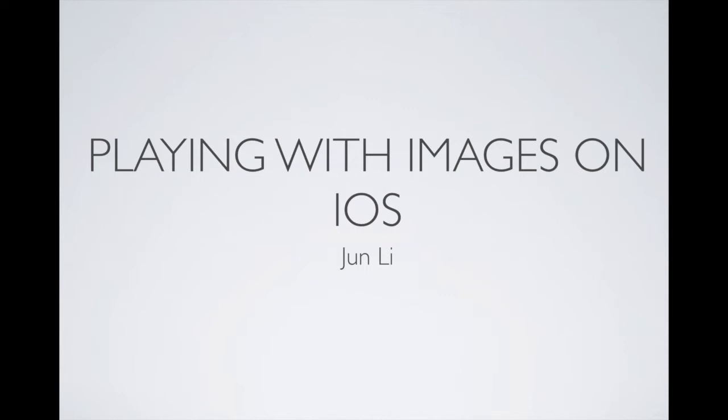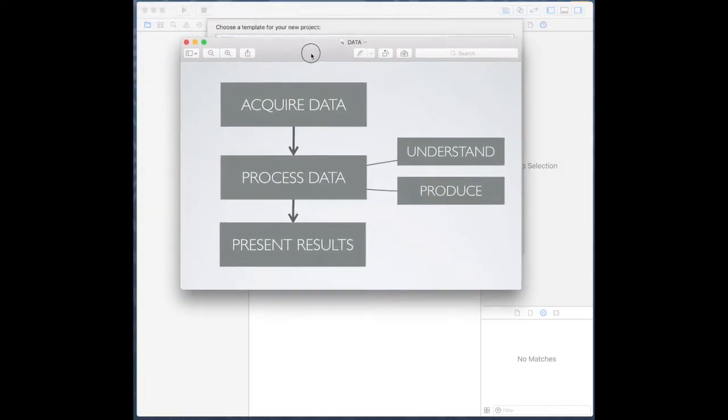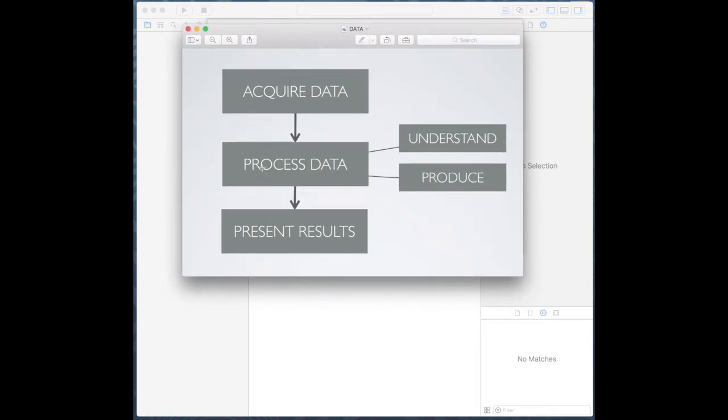Anyway, let's start. All the data process apps should consist of these steps: acquire data, process it, and present results. Of course, if you consider it more carefully, process data can actually consist of 2 steps.